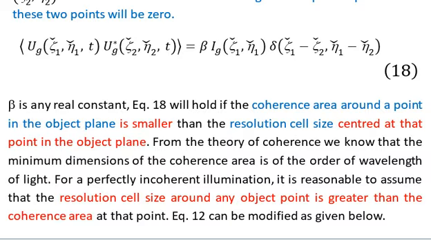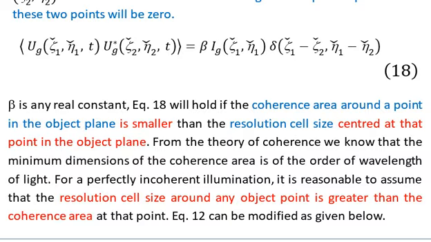For the coherence area, if you have a point image at the image plane and trace it back through the optical system to get an area at the object plane, then that area is called the coherence area.